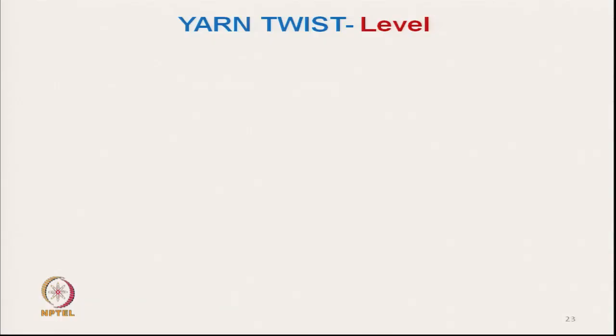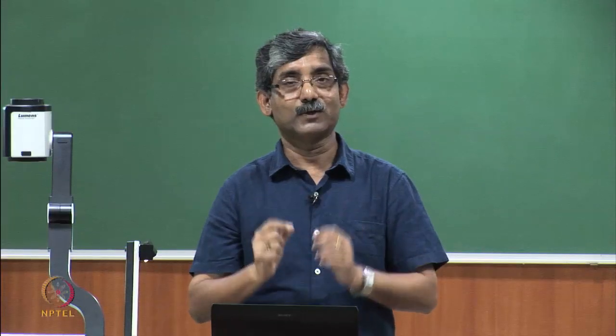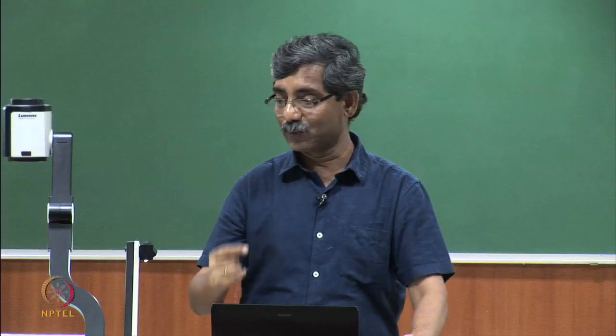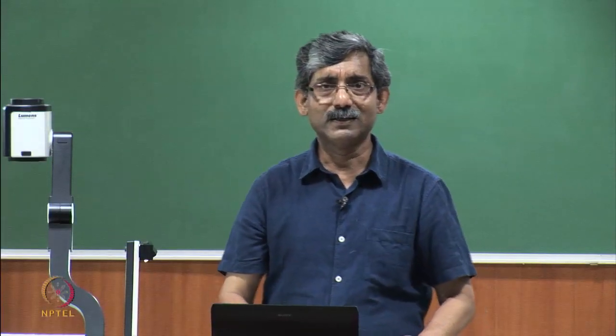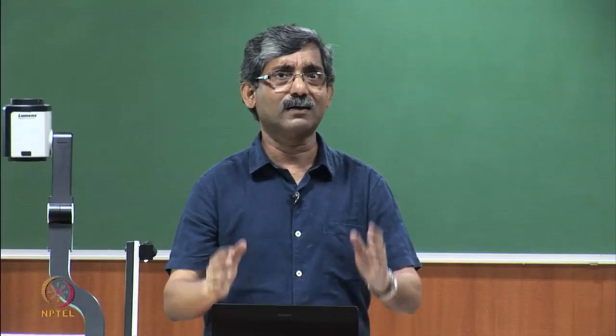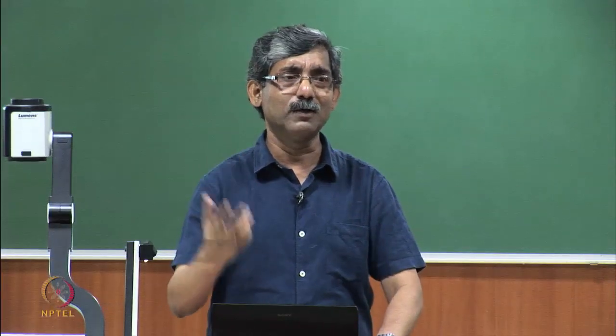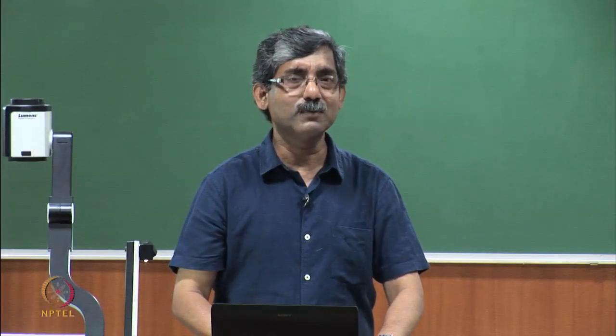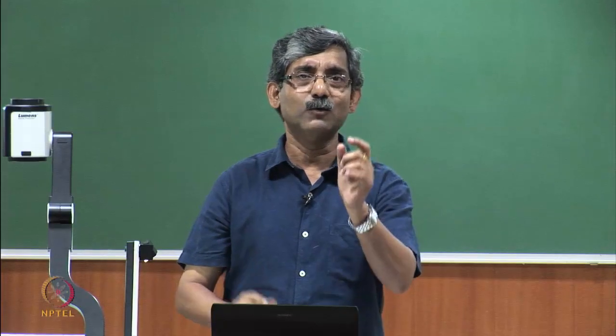Now, coming to the most important characteristic, which is the level of twist. How do we express the level of twist? It is a very simple term. Level of twist means you measure the twist per unit length.